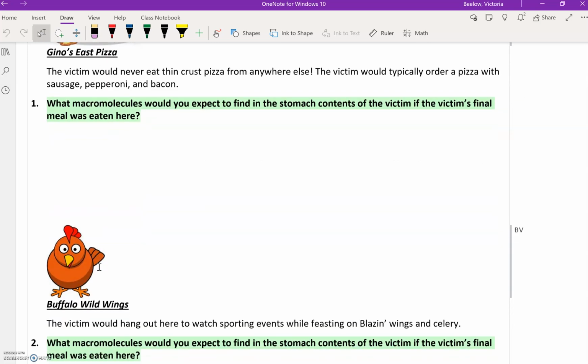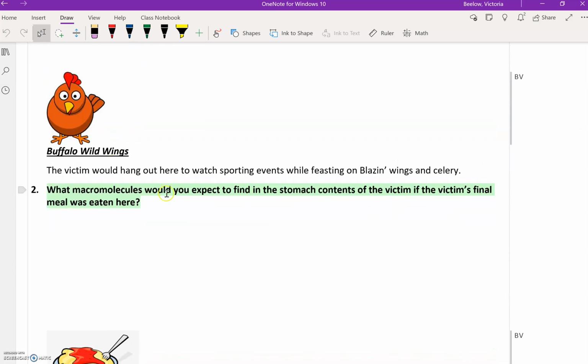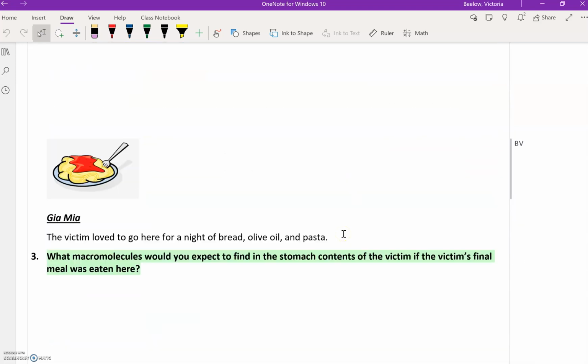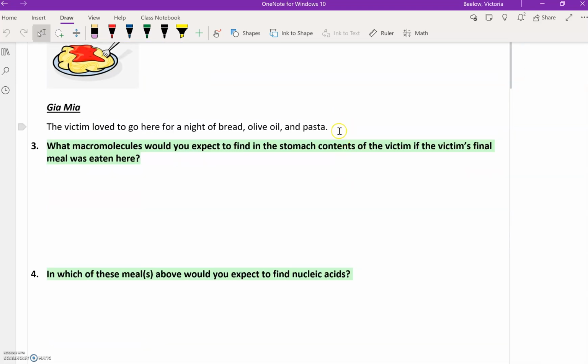You're going to do the same thing for Buffalo Wild Wings, where they like to eat blazing wings and celery. And then Gia Mia's, where they like to eat bread, pasta, and olive oil. Please make sure that you check your pre-lab questions with me to ensure they are correct, so you can do the rest of the lab correctly.